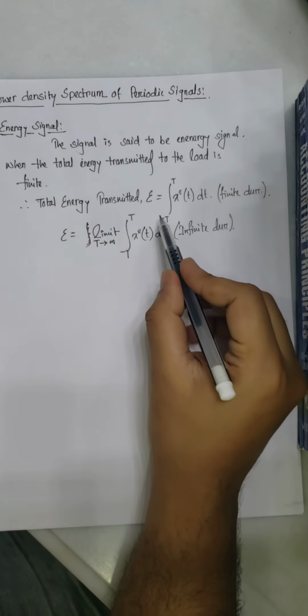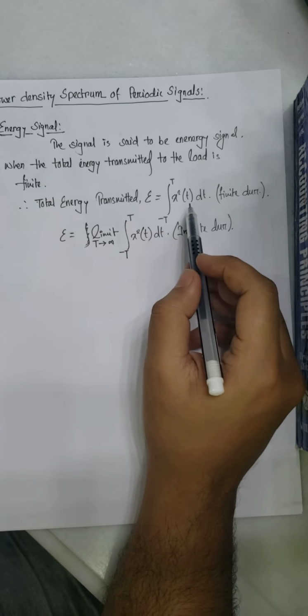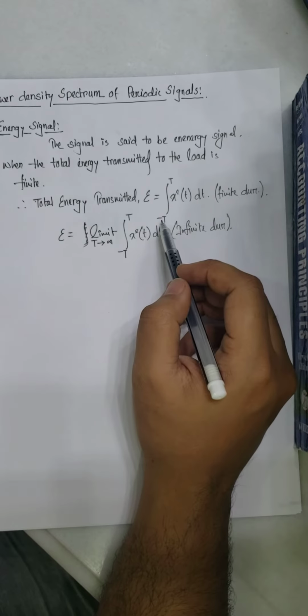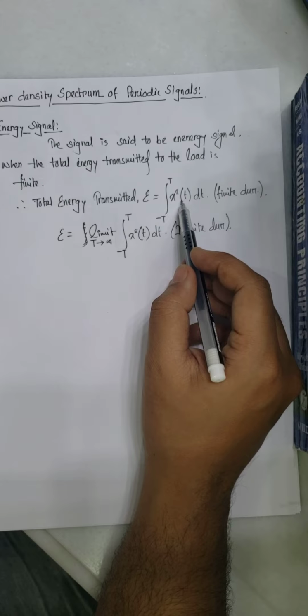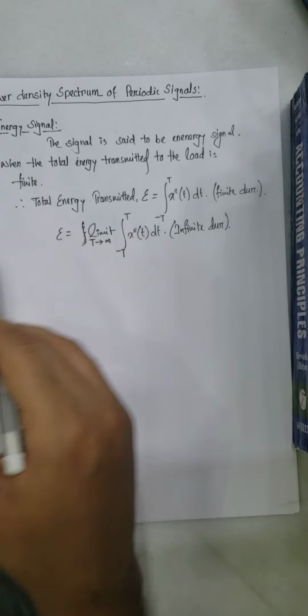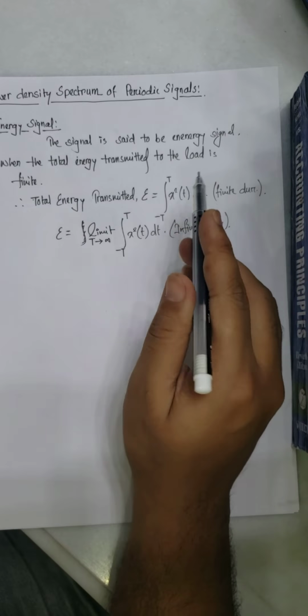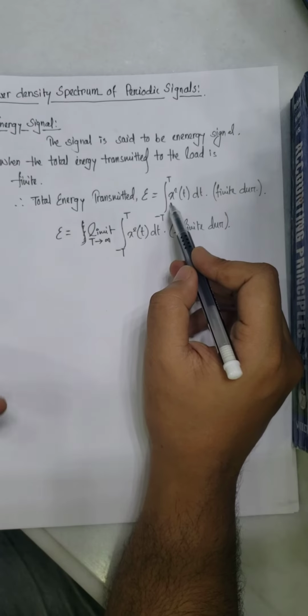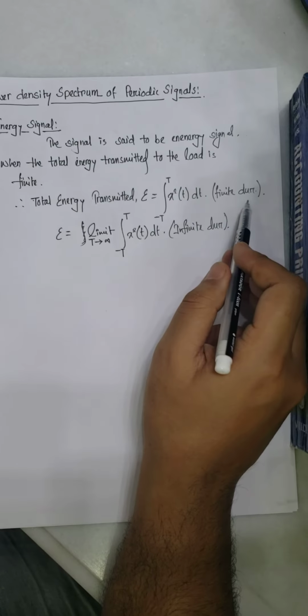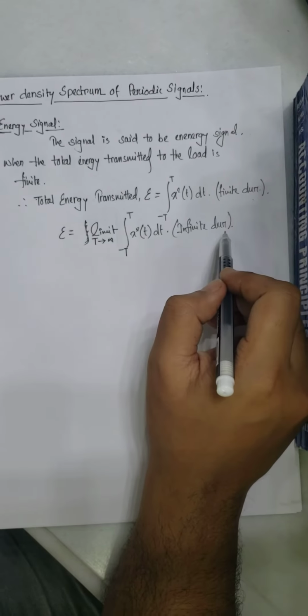Now, from this expression, the energy signal is nothing but the integral of the square of the voltage. This is obviously the signal value x of t, a voltage value or an amplitude value or the magnitude value that is taken with respect to time. This can be over a finite duration or an infinite duration.